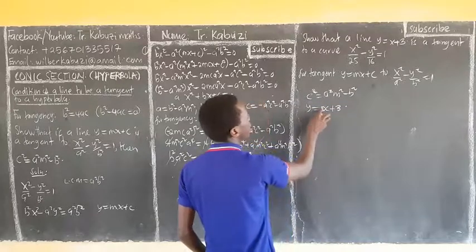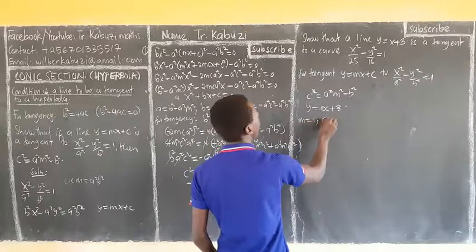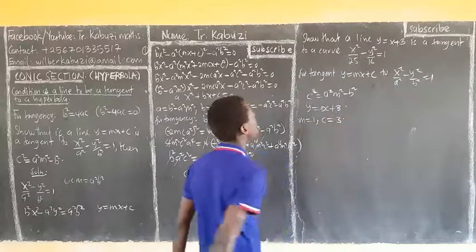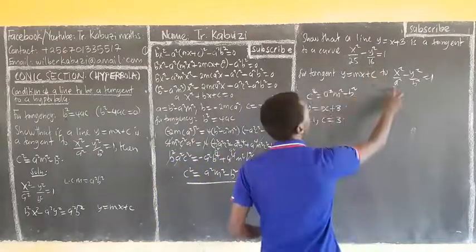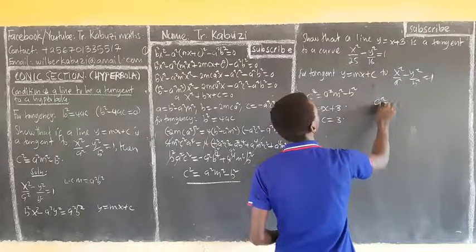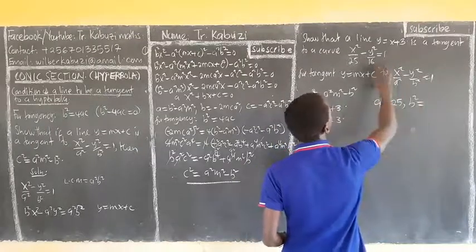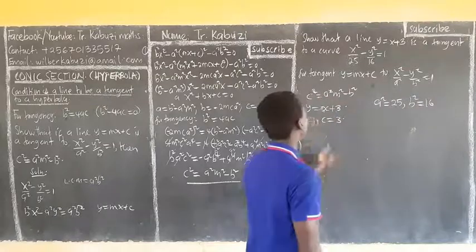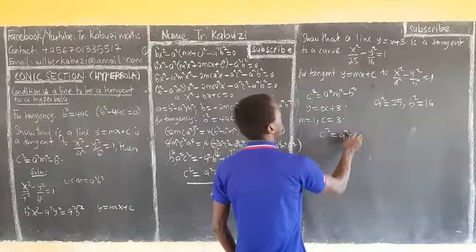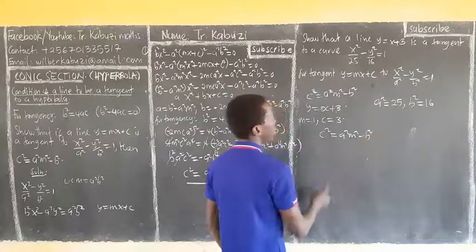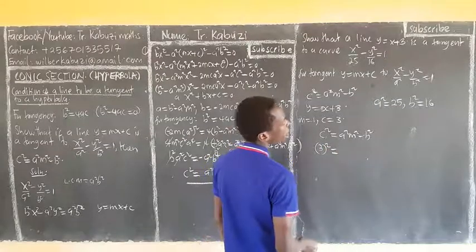From here, I see that if you compare it with this, your m is 1, your c is 3. Now, when you compare this with this, from here, your a squared is 25, and your b squared is 16. So put them here. Minus b squared. Your c squared is 3 squared equaling a squared.